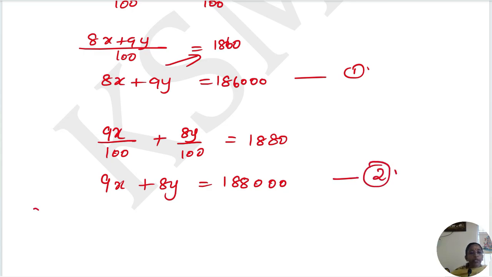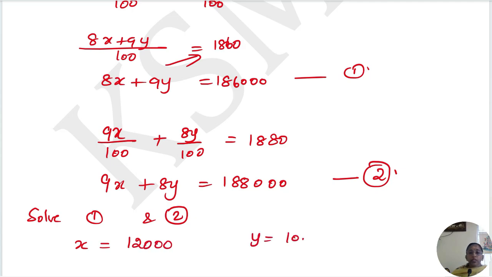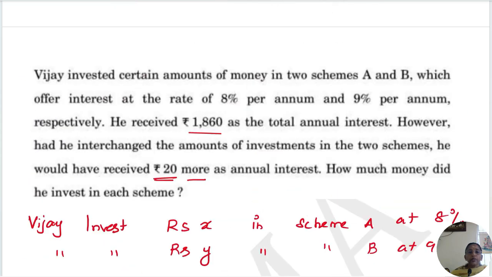So now solving equations 1 and 2, you will get your x value as 12,000 and y value as 10,000. So what is our x?